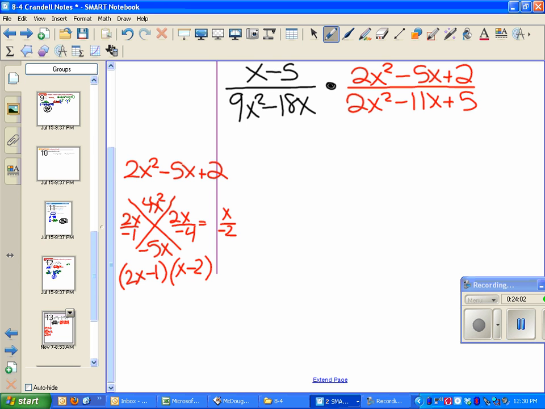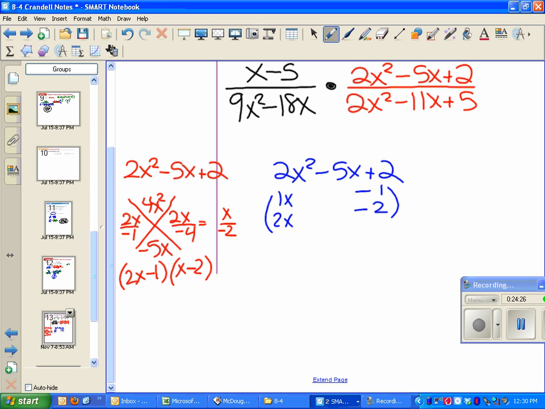If you write your factors, then let's go over here and write our factors. So same factoring problem. We write our factors of 1x and 2x, and 1 and 2. And we need something that adds up to negative 5. We have a positive 2 in back but a negative in the middle, so both of these need to be negative.